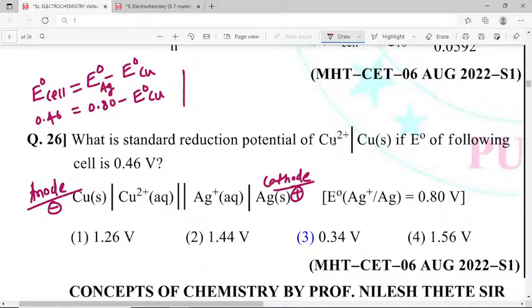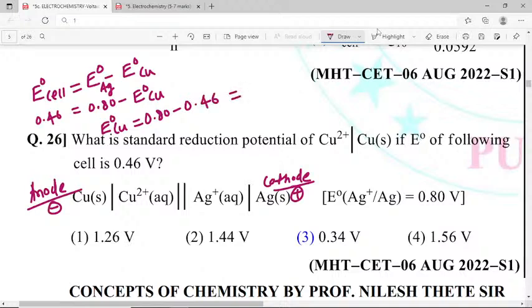So E naught copper is equal to, the minus and plus swap, so this is 0.80 minus 0.46.